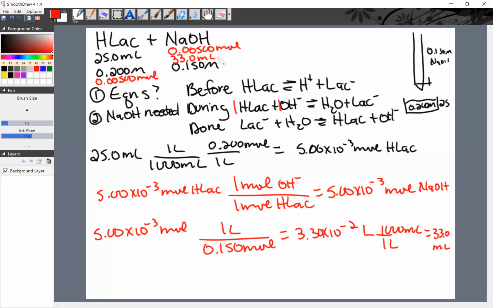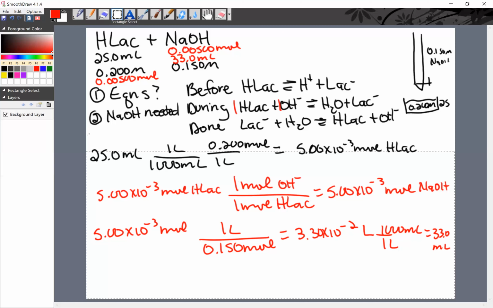Okay, so what do I know? We haven't even started the titration yet. I know that I have 0.005 moles of my lactic acid. I know that I need 0.005 moles of my sodium hydroxide, which in this case is going to be 33 milliliters. And what will be my next question? You know what?